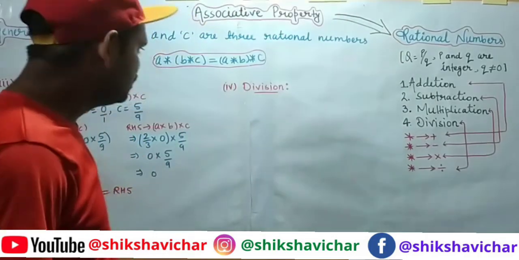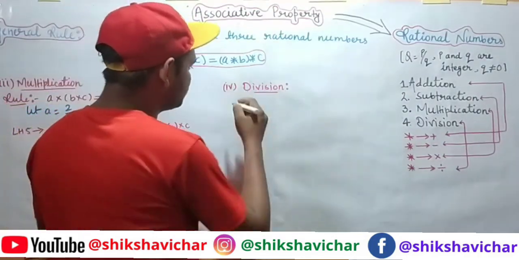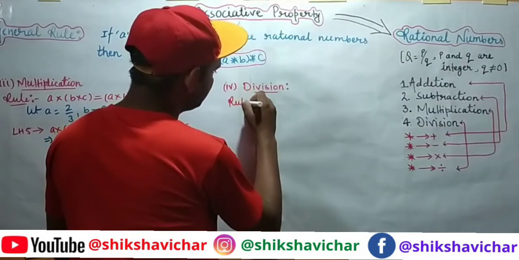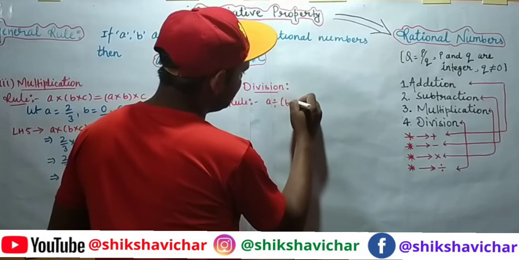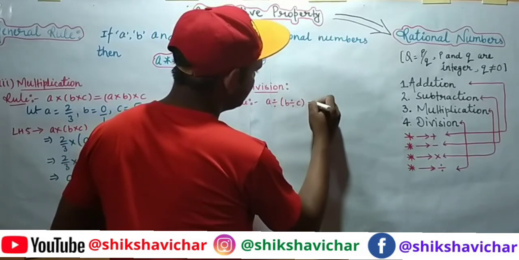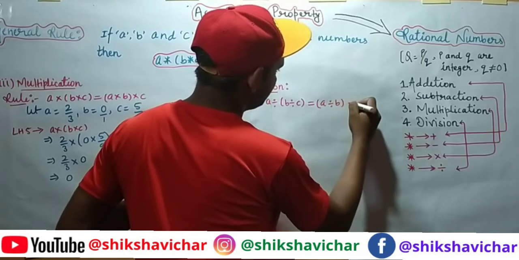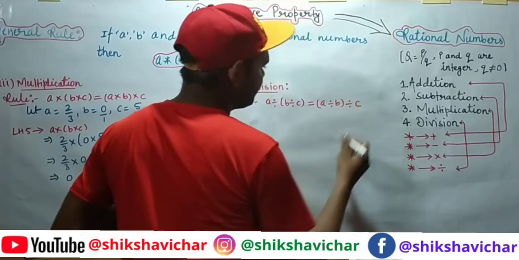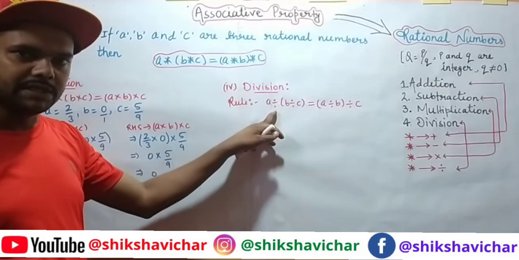Okay, now check the last case, that is division. So what would be the rule for division? The rule would be (a ÷ b) ÷ c must be equal to a ÷ (b ÷ c). Again we have to take some numbers and check this result.